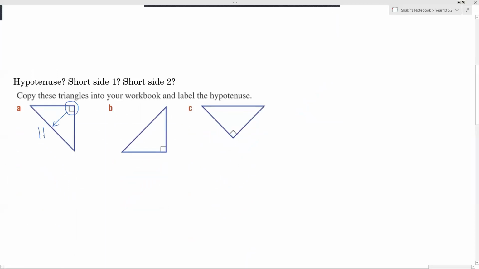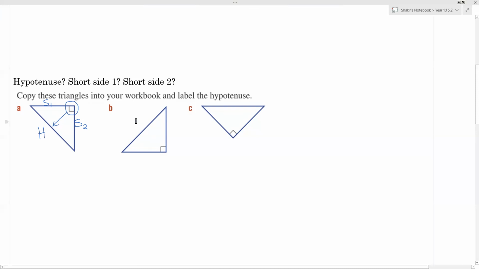I'm going to label that as H for hypotenuse. And short side 1 and short side 2 are going to be the other two sides, so I can label these as S1 and S2. Okay, so hypotenuse is opposite the right angle and the other two sides don't really matter.